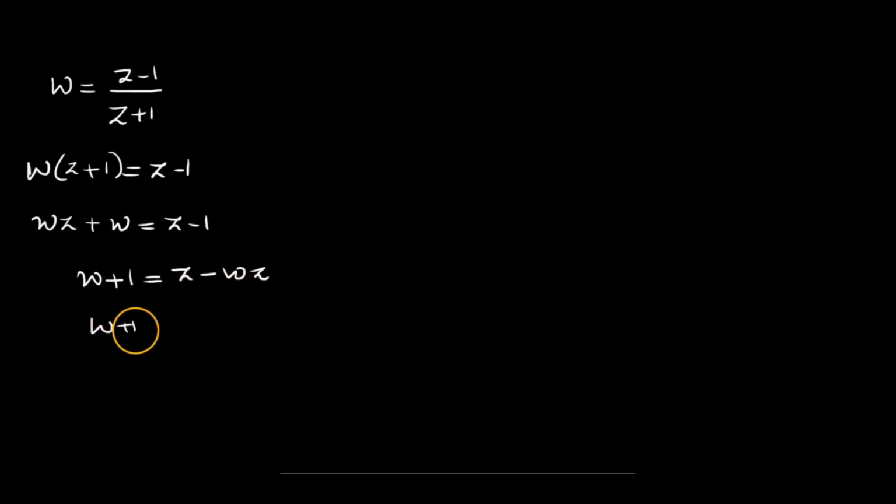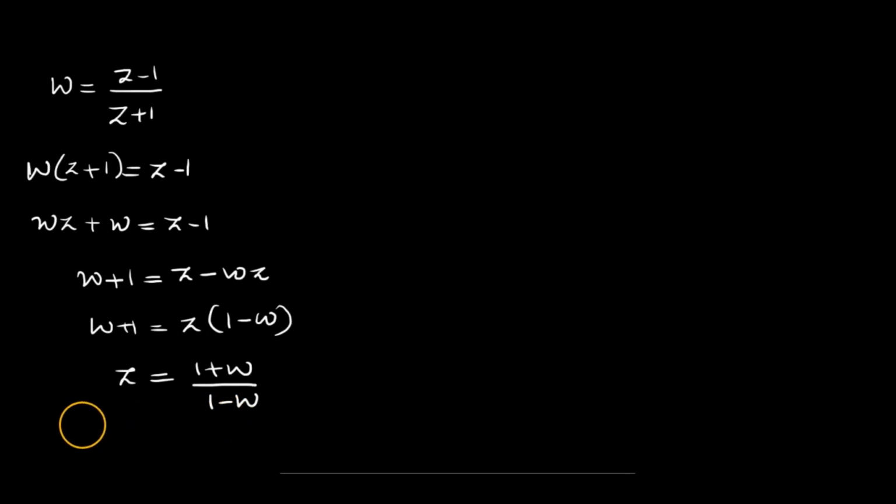So, W plus 1 equal to Z into (1 minus W), taking Z as common. So, Z is equal to (1 plus W) divided by (1 minus W). This is the transformation.